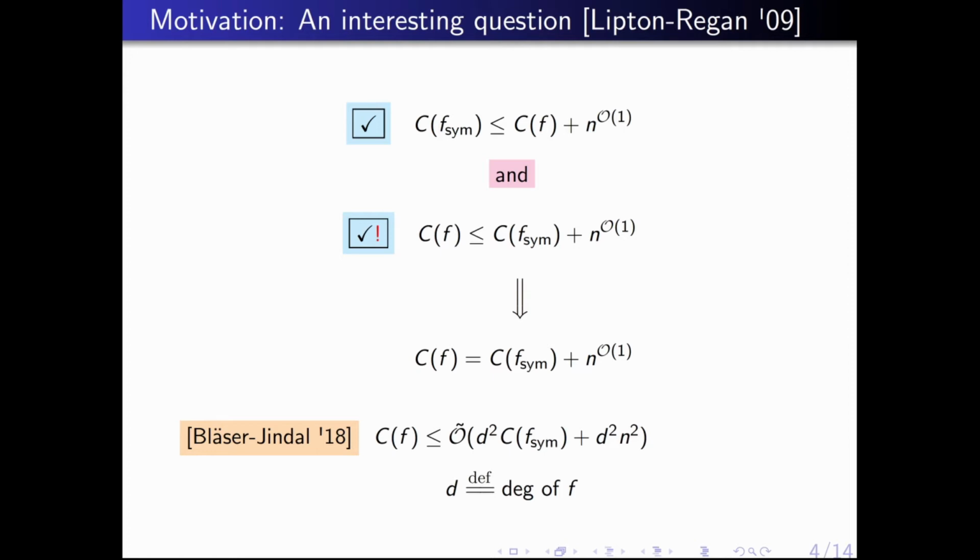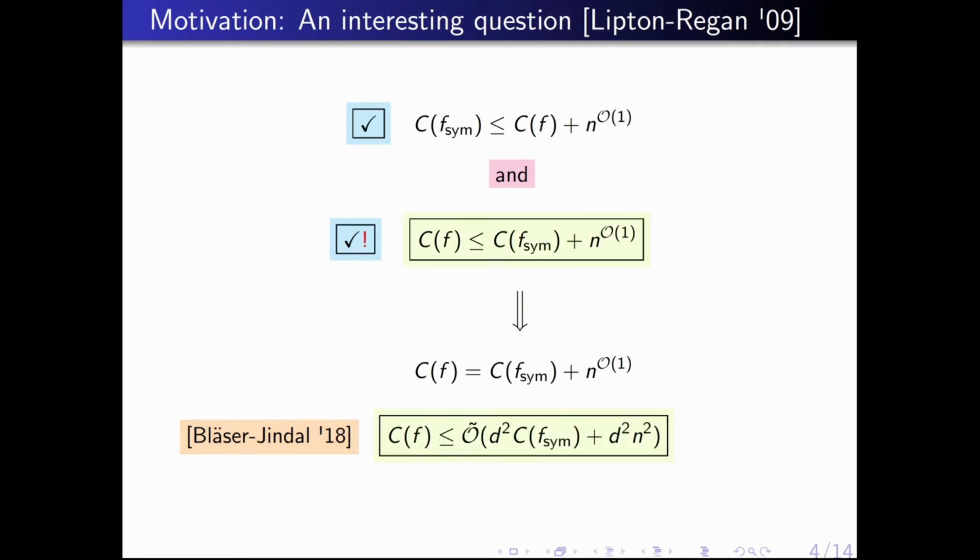Let's just stare at both these things and compare what Lipton and Regan had asked and what Blaser-Jindal did prove. There is just some D square hanging around along with the circuit complexity of Fsim, otherwise they almost look the same. So what they basically proved is that the circuit complexity of F and circuit complexity of Fsim are polynomially related.